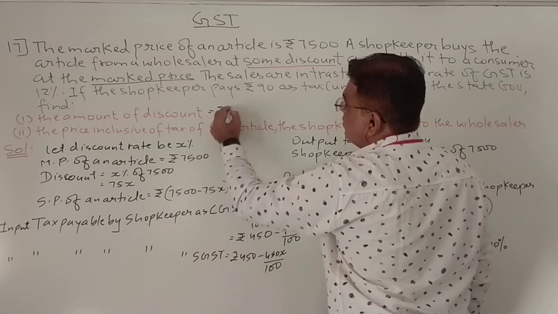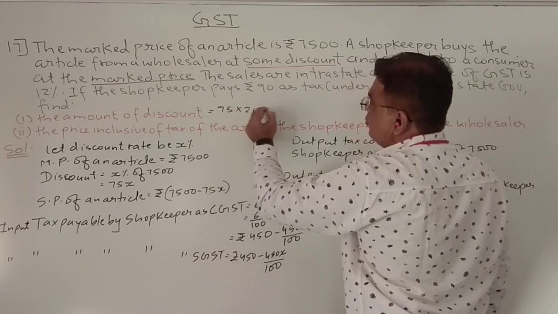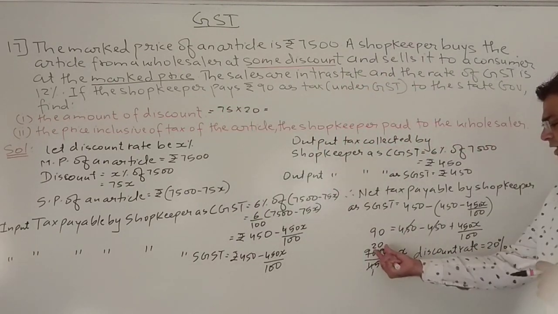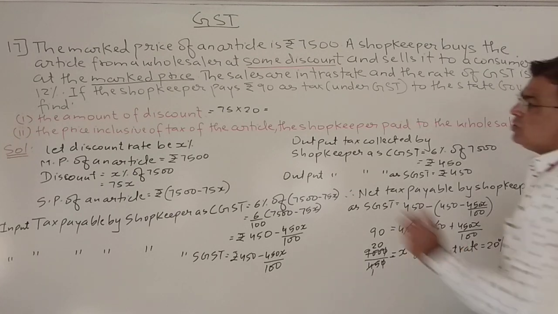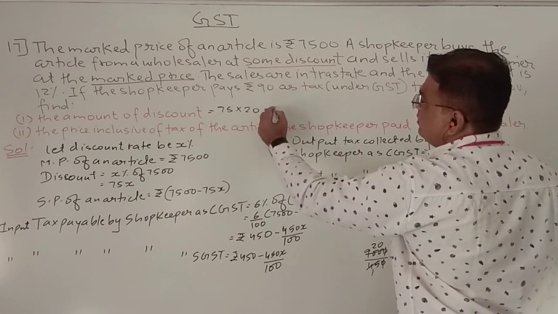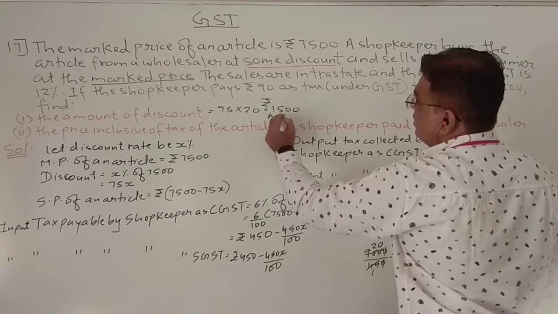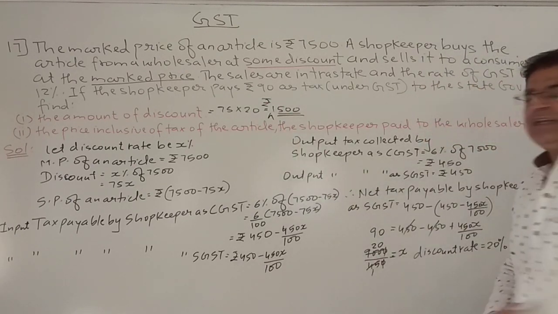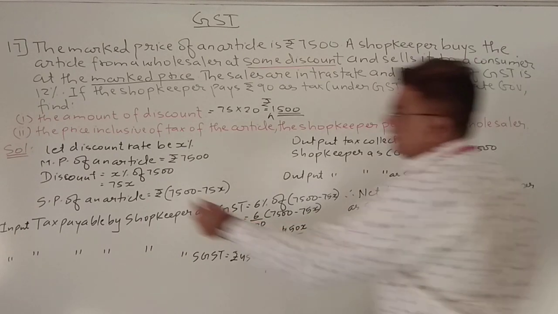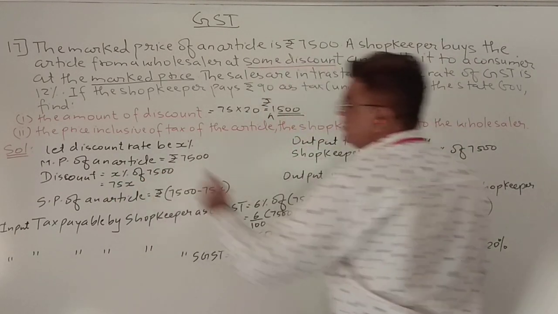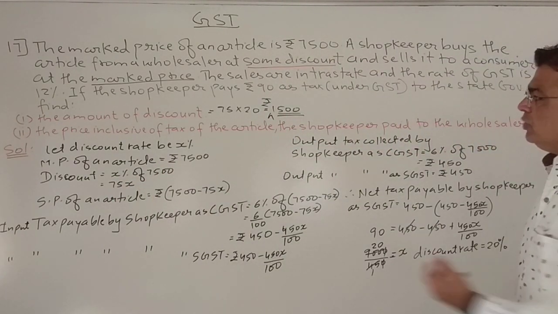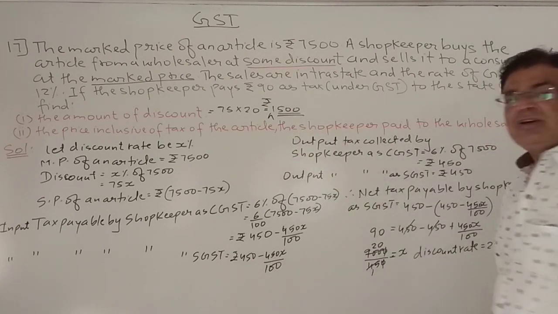So the amount of discount will be 75 into 20, because 20 is our discount rate. So 75 into 20 is 1500. So it will be rupees 1500. Or you can also do it like this, 20% of 7500. It will give you the same 1500.